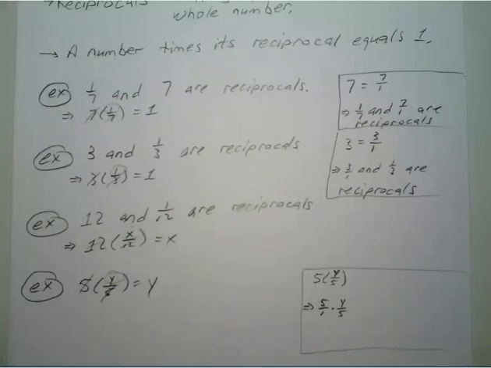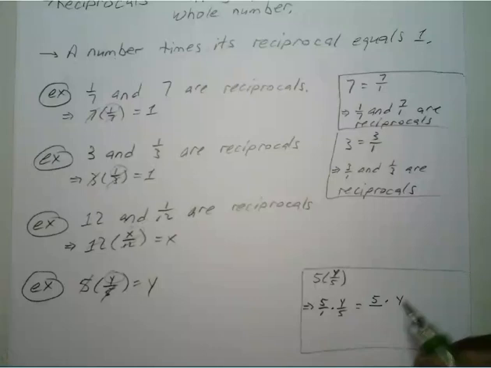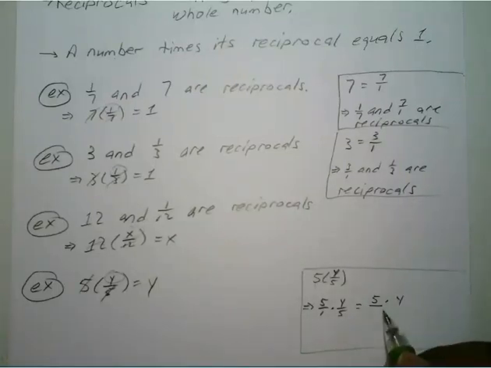Okay, so when we're multiplying our fractions, we can just multiply the numerator, or the top values, and the denominator, or the bottom values. So this is just going to be 5 times y over 1 times 5.